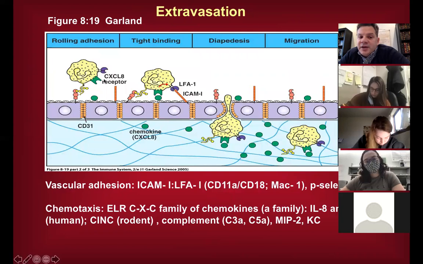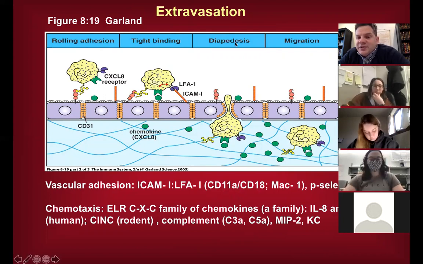It needs to be slowed down. It uses selectins and then adheres with adhesion molecules. It follows a path of chemokines, which are like cytokines, but they help recruit cells. And the cell goes into that space. So there's a number of steps. There's rolling adhesion, tight binding, diapedesis, which is a fancy word for getting into the tissue, and then it migrates to the site of inflammation.